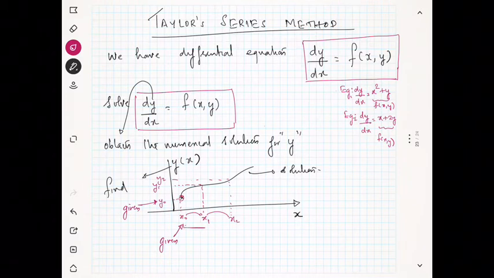So x1 will be chosen as the nearest value, which has a gap of h.